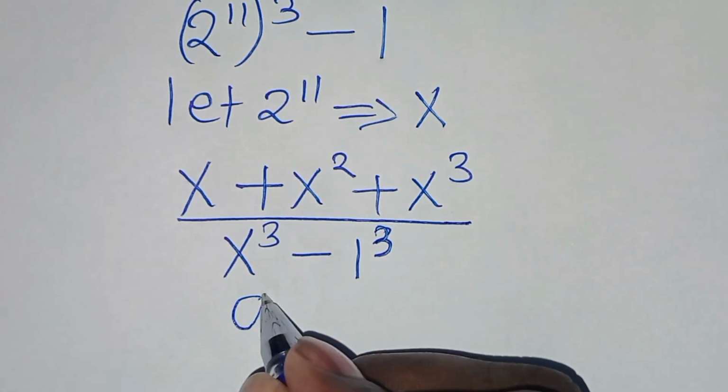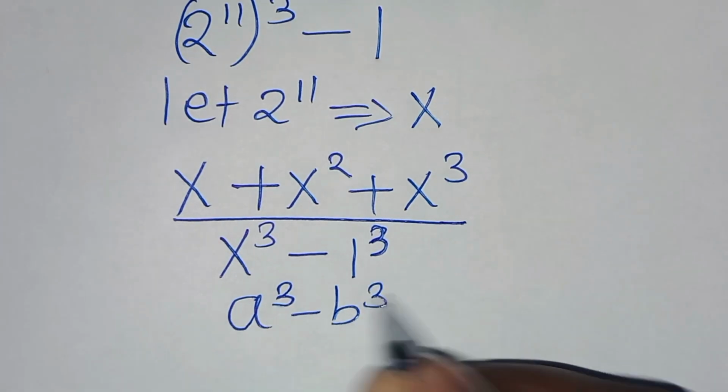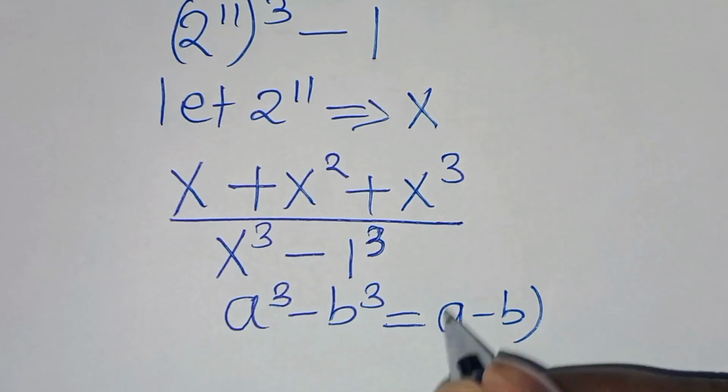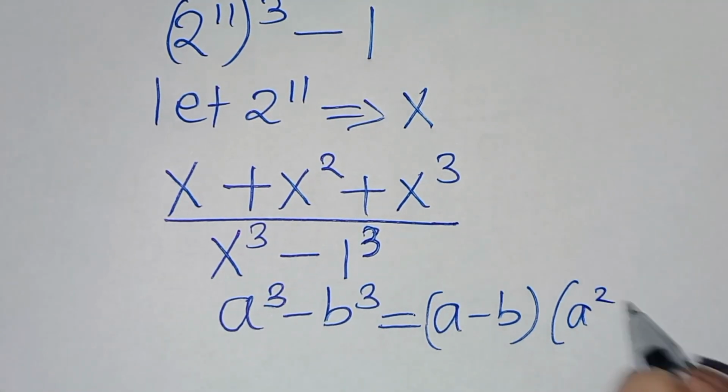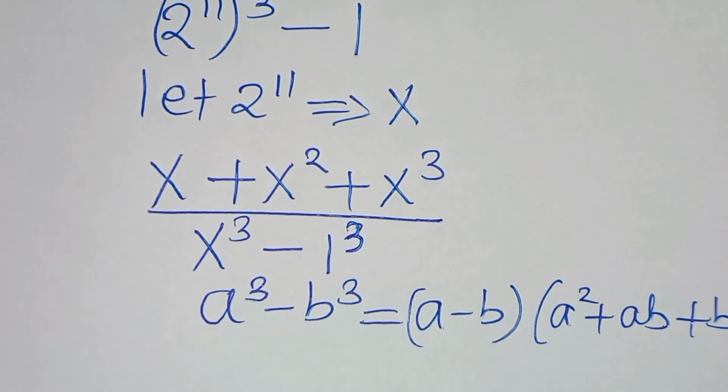This is the difference of two cubes, a to the power 3 minus b to the power 3, and this is the same thing as a minus b times a squared plus ab plus b squared.